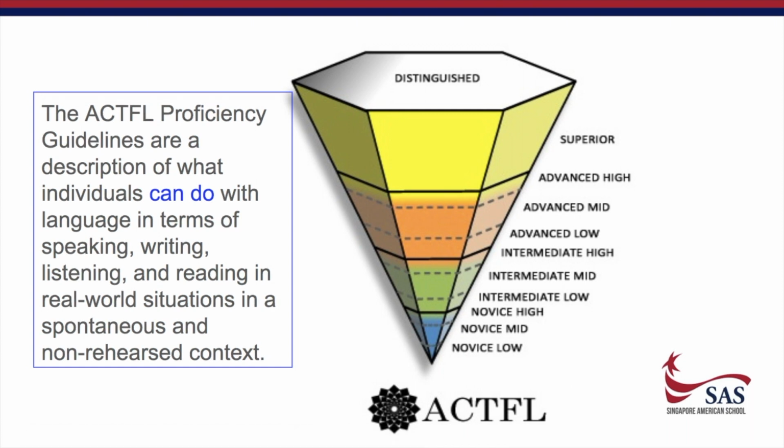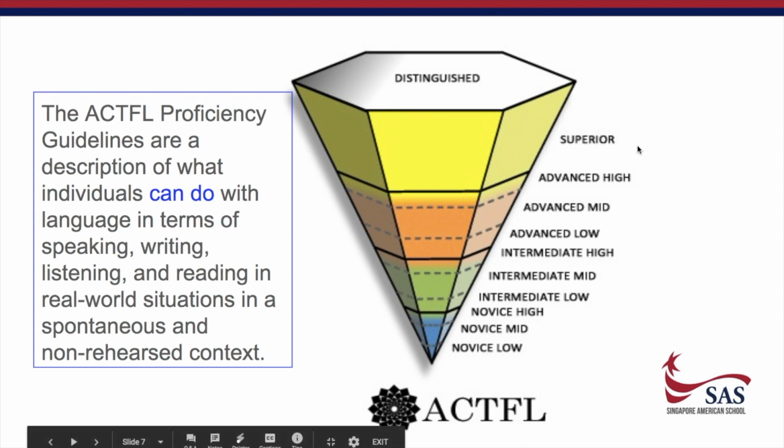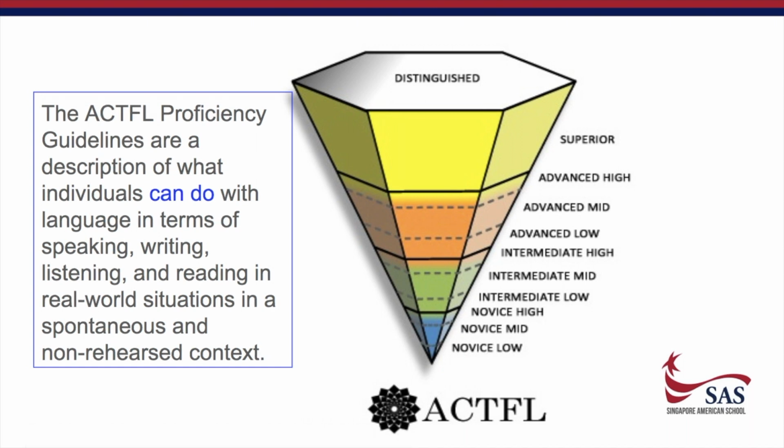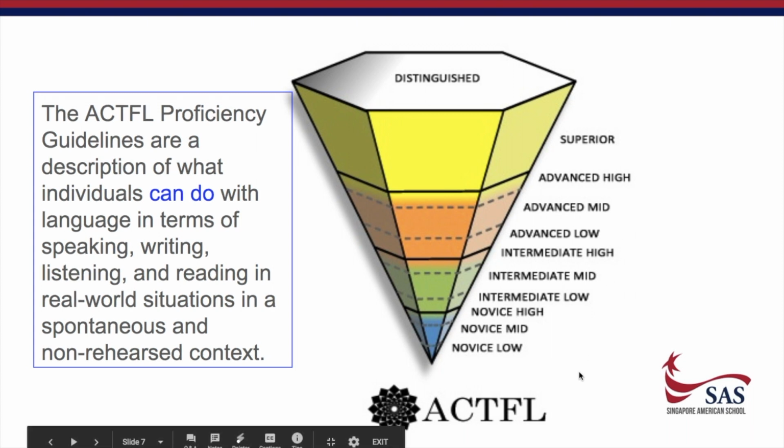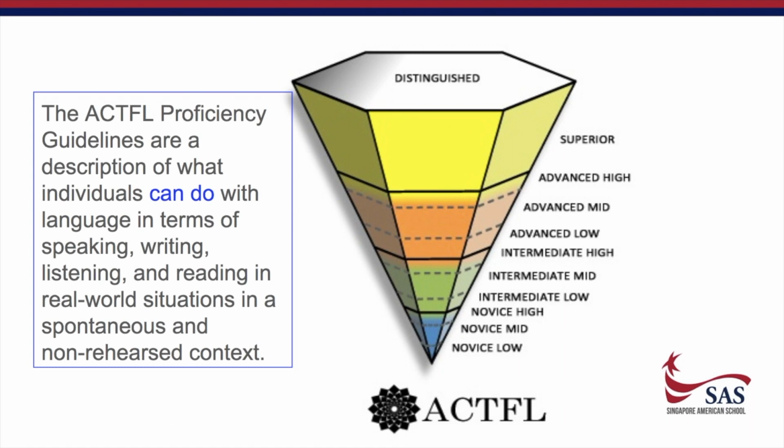From the ACTFL proficiency pyramid, you can see that it is an inverted cone, because as our proficiency develops, it takes a longer time at each level to build language and content knowledge. Unlike more traditional approaches to teaching language, proficiency teaching and learning focuses on what the learner can do with the language in spontaneous and non-rehearsed situations.